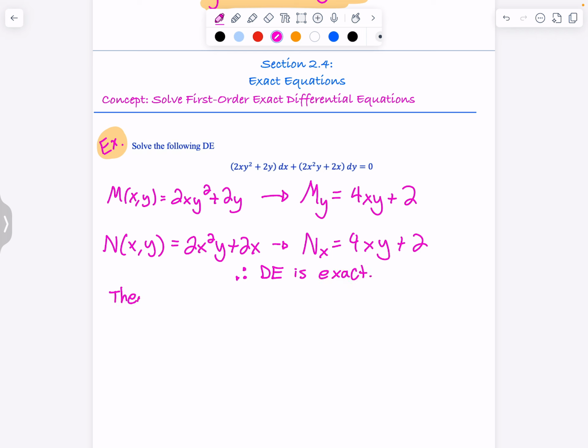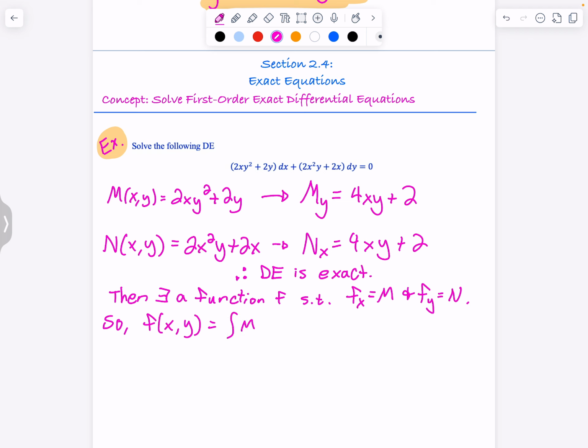Then there exists some function f such that the partial of f, here we can write shorthand, f_x, that's the partial with respect to x, is M, and f_y, the partial with respect to y, is N. So then I can find f of x,y by just taking the integral of M dx.